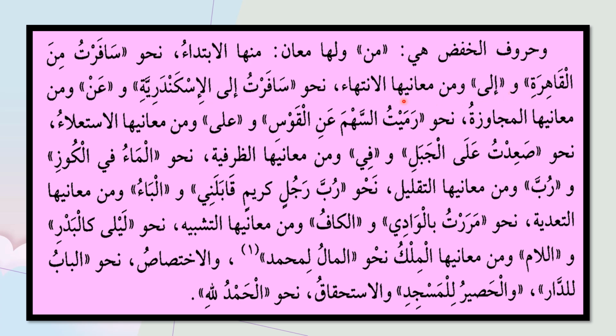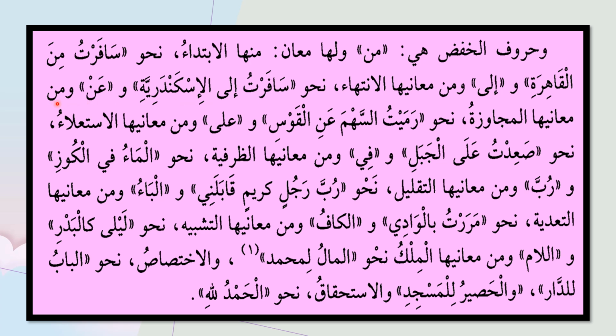Wa-ila has the meaning ma'anaha al-intaha, meaning where you stop or where you end. And now let's see the example. Safartu ilal Iskandariya. Iskandariya, Alexandria. Safartu ilal Iskandariya gives you the meaning I traveled to Iskandariya, meaning you ended your travel in Alexandria.